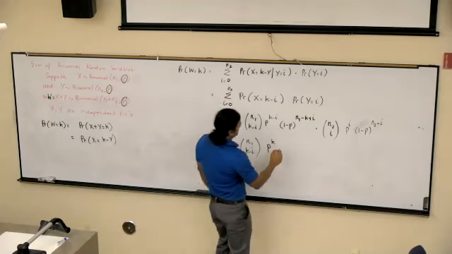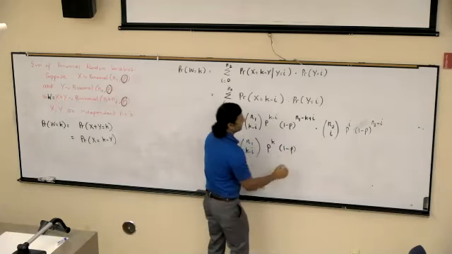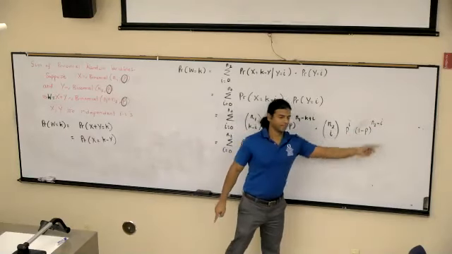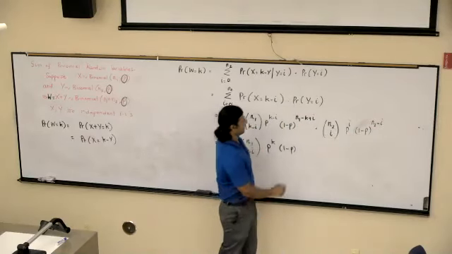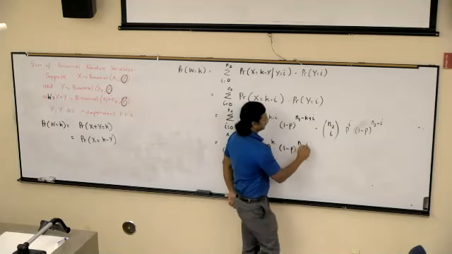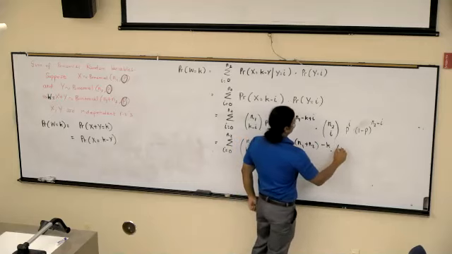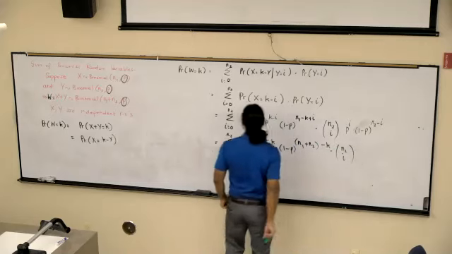And over there, I'll have 1 minus p raised n1 minus k plus i, plus n2 minus i, and I'll have n1 plus n2 minus k multiplied by n2 choose i.